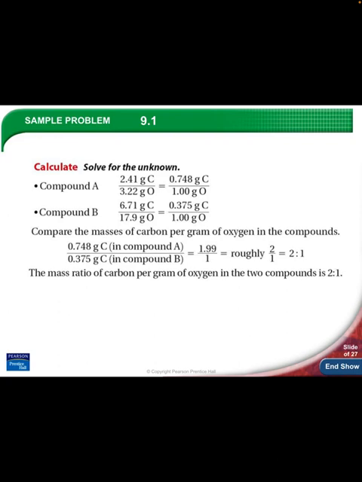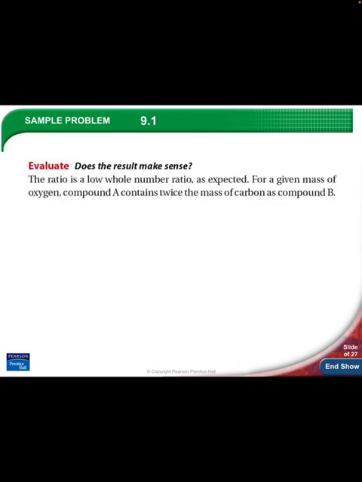So now I have these 2 values, 0.748 and 0.375, and I look at the ratio of those 2 values, and I see that it's 2 to 1. What this says is that compound A simply has twice as much carbon per gram of oxygen as compound B. So that's a small whole number ratio, 2 to 1.